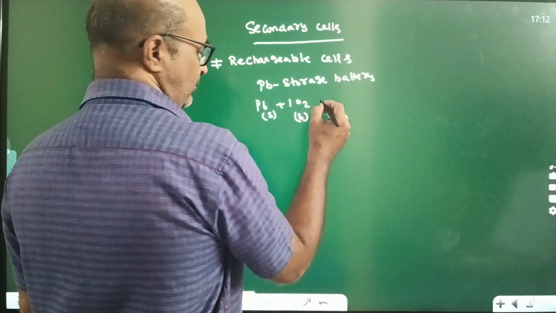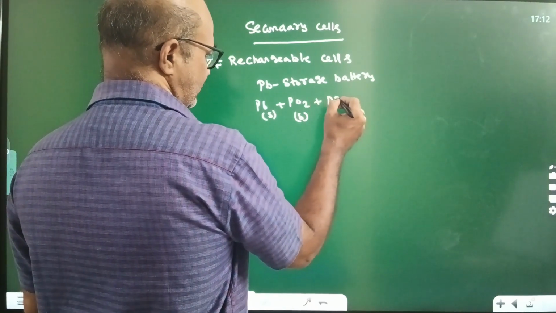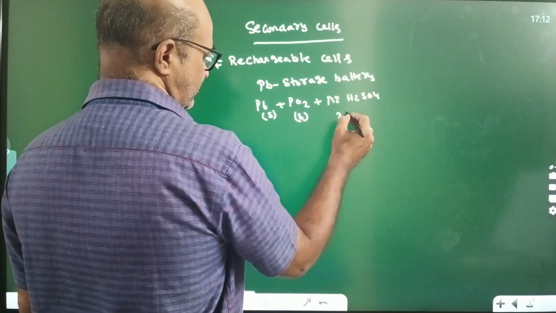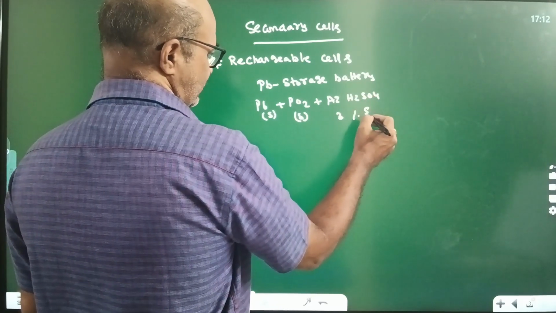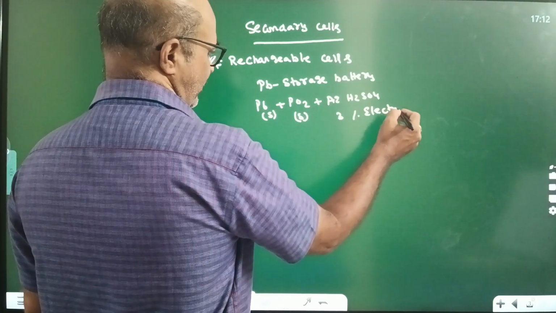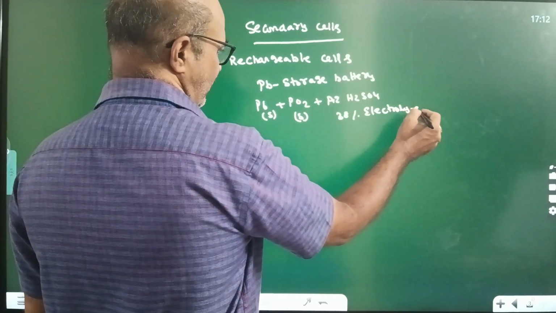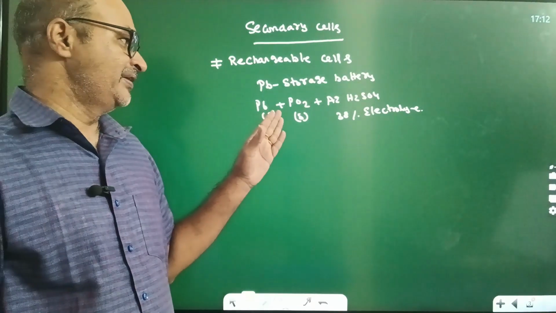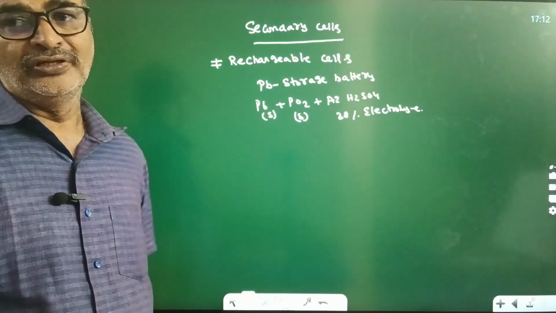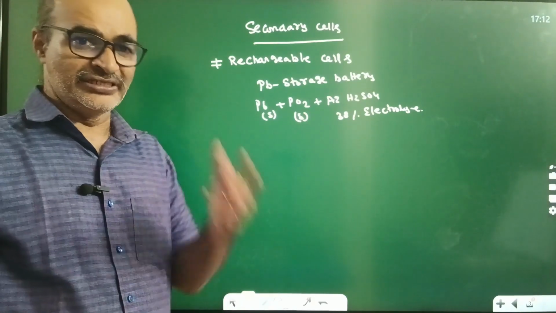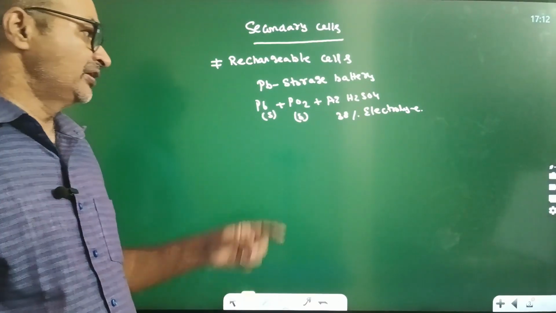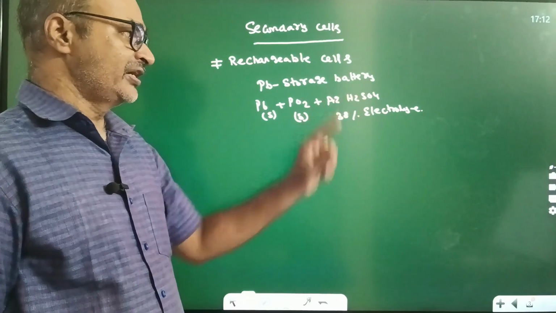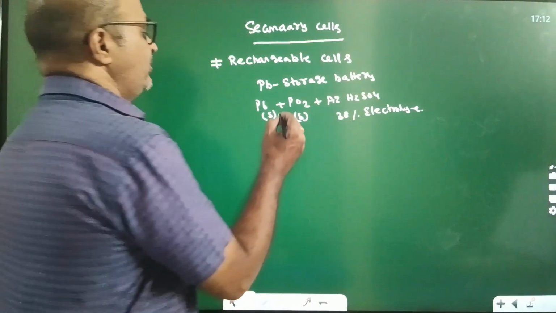Aqueous sulfuric acid, 38%, acts as the electrolyte.